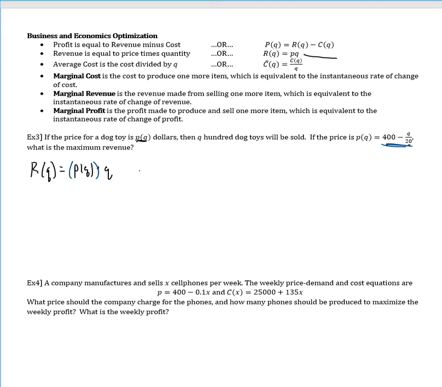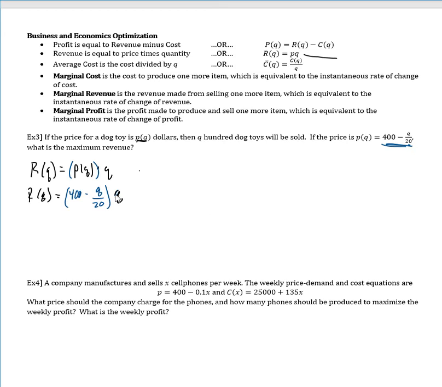So R of Q is equal to the price, 400 minus Q over 20, times Q. And now it's getting ready to set up.